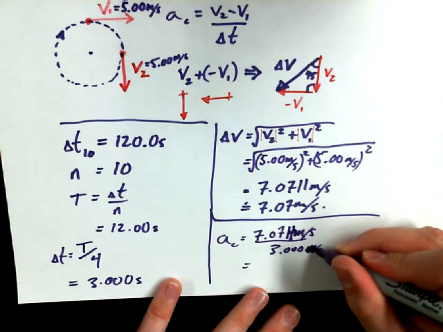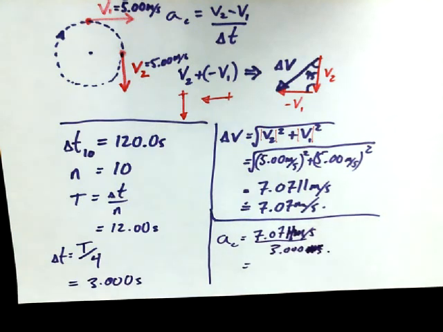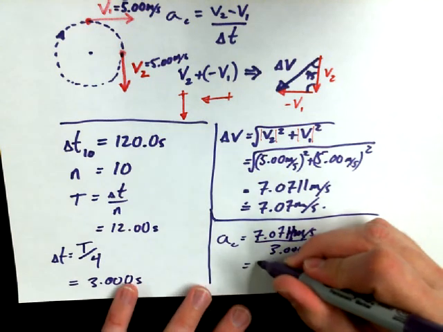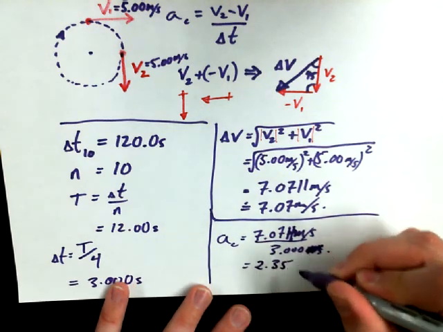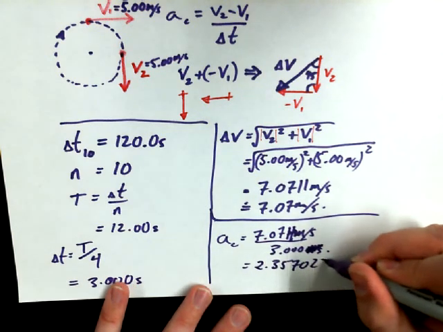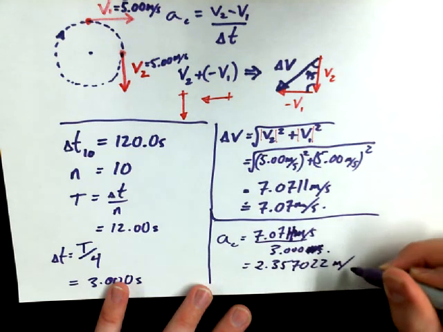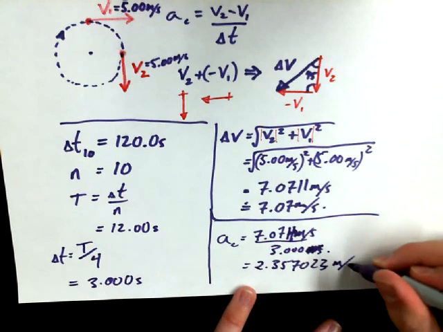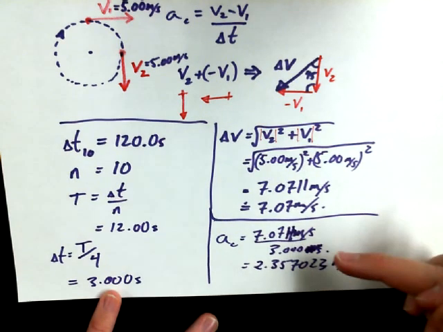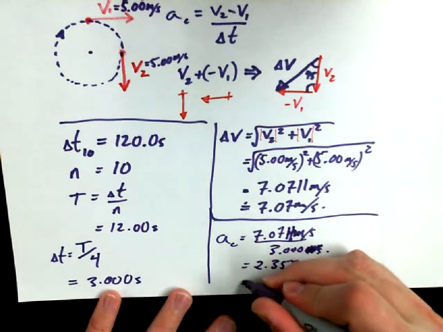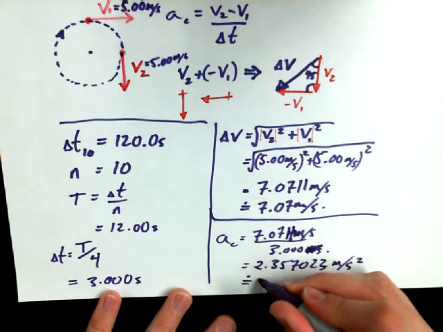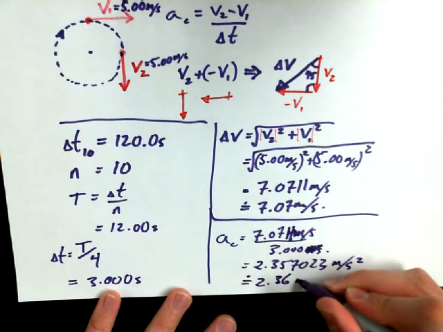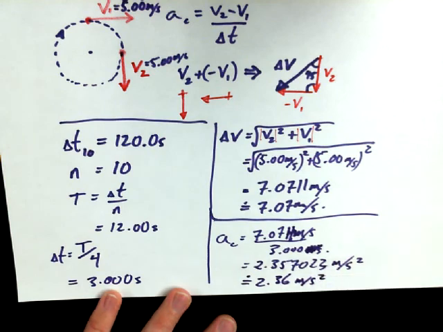Oh, shucks, seconds. Sorry, I saw somebody wince. 2.357? Well, I'm going to have to go to 3 then. Meters per second squared, because meters per second divided by seconds. Rounded to 3 sig figs, we get 2.36 meters per second squared.